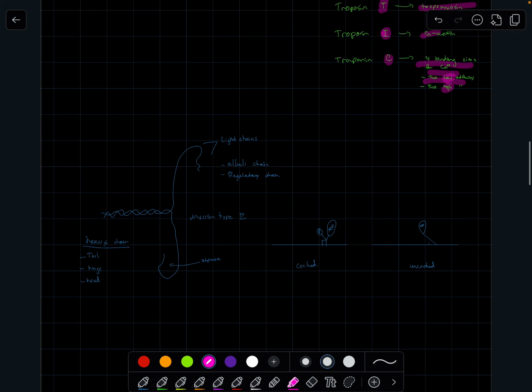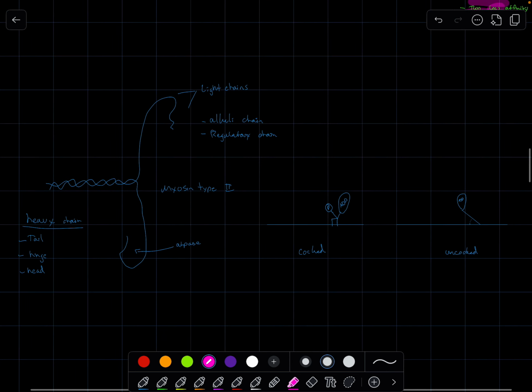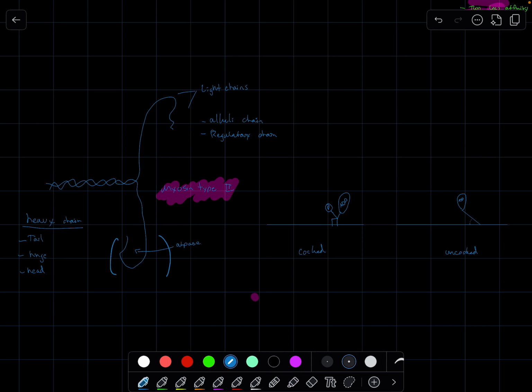Okay, we're going to take a look at myosin. Okay, myosin in skeletal muscles is myosin type 2, and it's composed of, I didn't write this out, 4 light chains and 2 heavy chains.